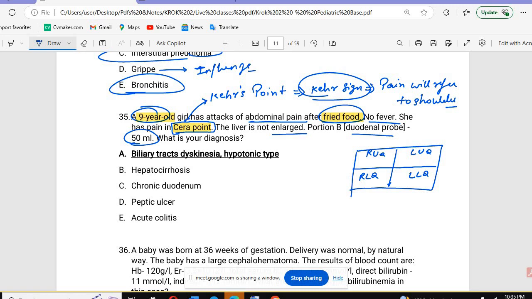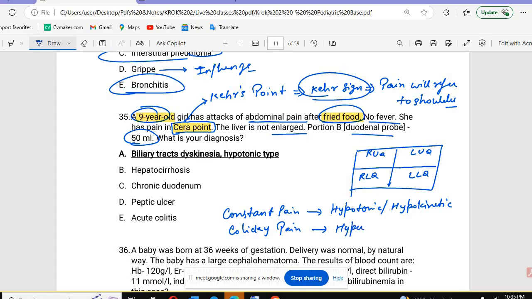And if there is constant pain, then this is the sign of hypotonic, or hypokinetic. And if there is colicky pain, then it is hypertonic or hyperkinetic.